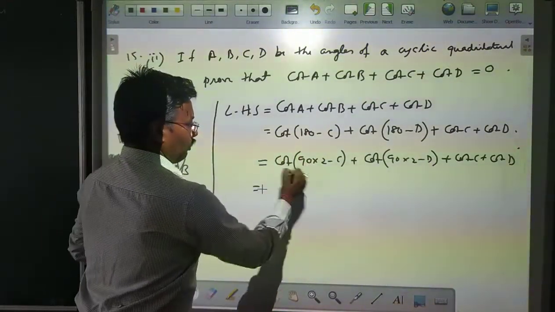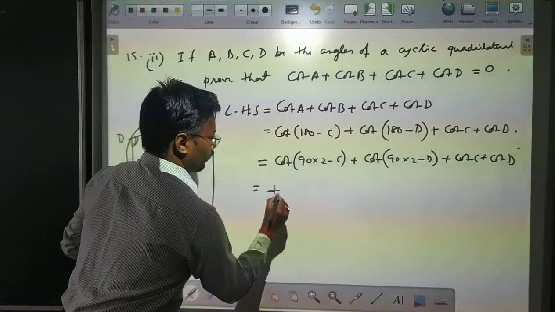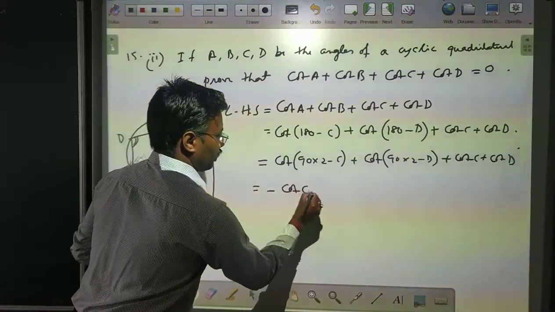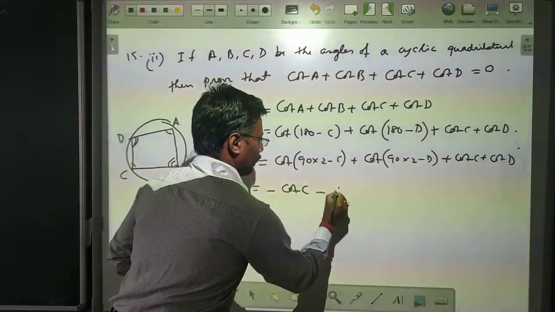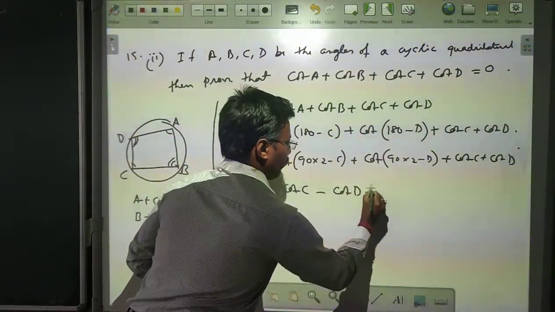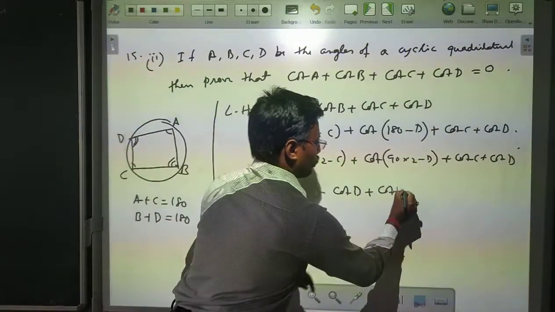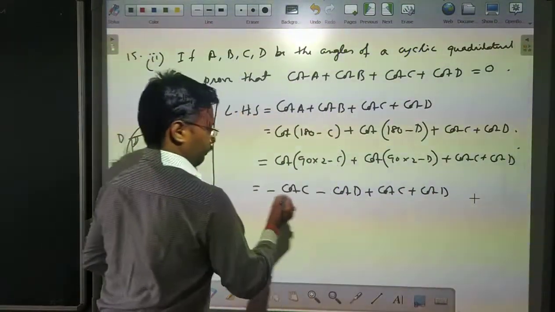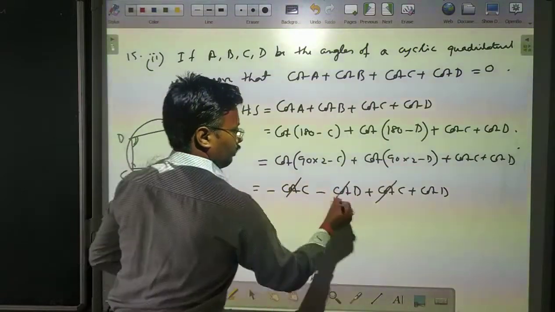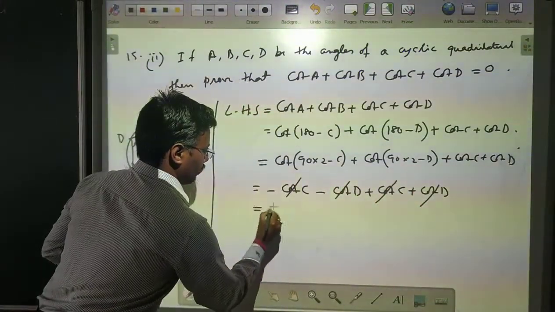So the answer of this is minus cot C. Similarly, from here we will be getting minus cot D plus cot C plus cot D. Got it? Answer is 0.